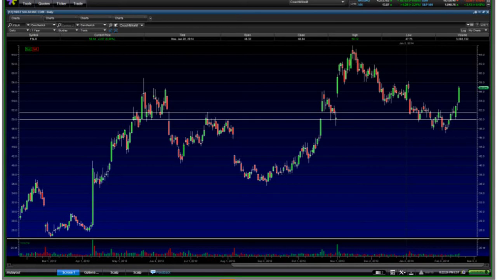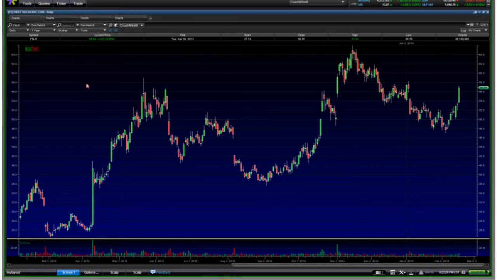If you trade your common stock trades in relation to where the bottom is, as opposed to the price you may be buying it at, you'll find yourself a lot more successful in your trading.